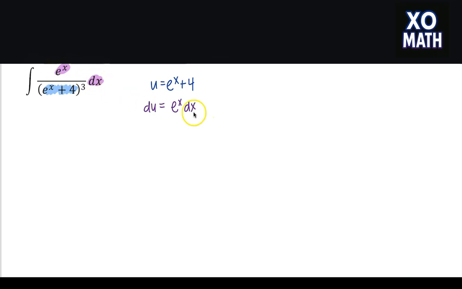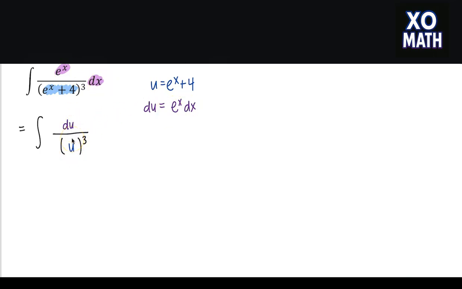So e to the x dx is right there perfectly, so I can perform my change of variables. I'm going to have that this is equal to du over u cubed. So replacing e to the x plus 4 with u and e to the x dx with du.